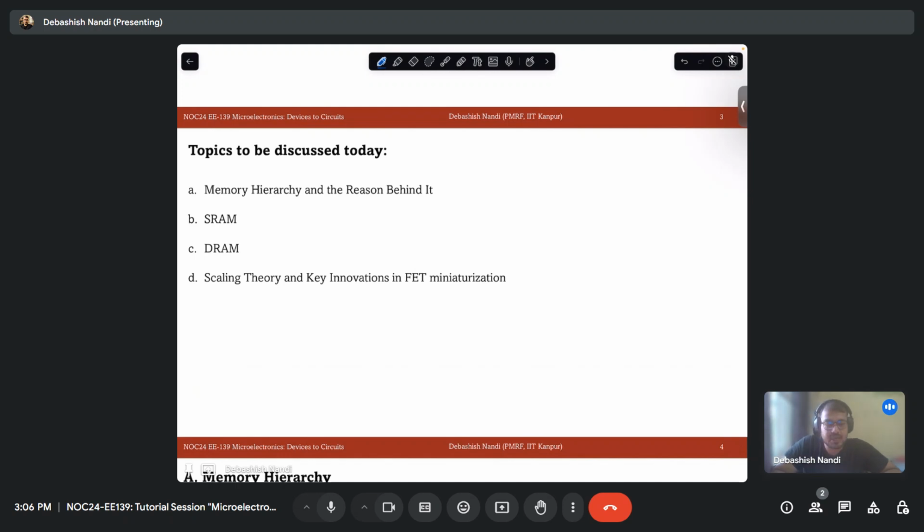The topics that I have planned to discuss today are basically, as we promised in our last session, going to add a little more depth to whatever we discussed in the last part of the last session, that is day before yesterday. So we'll be looking into memory hierarchy and the reason behind this memory hierarchy, that is, what it is and why it is.